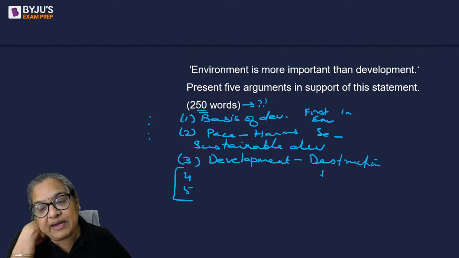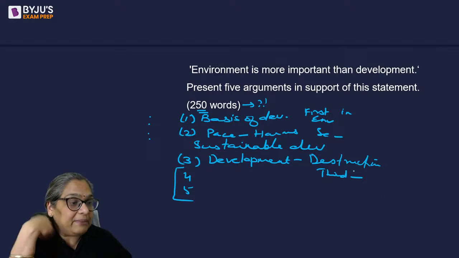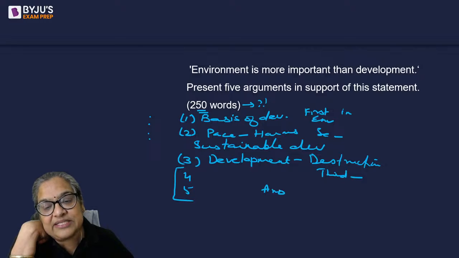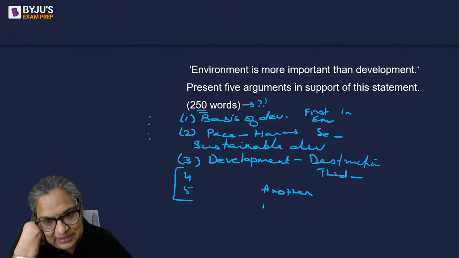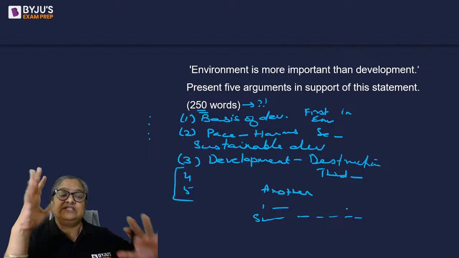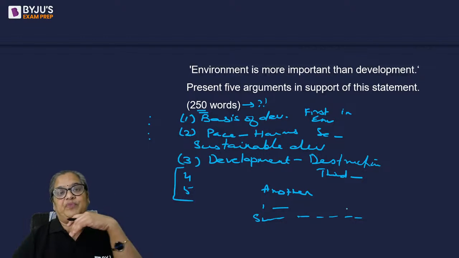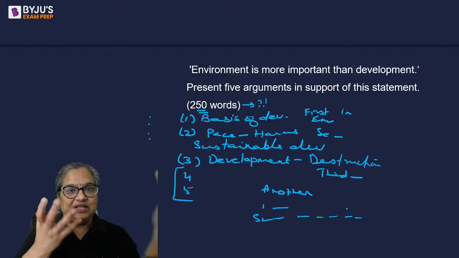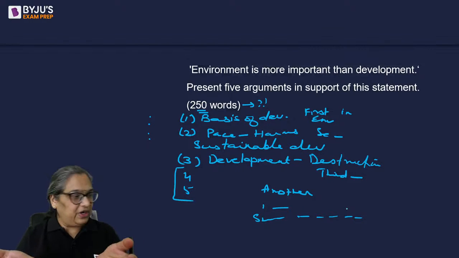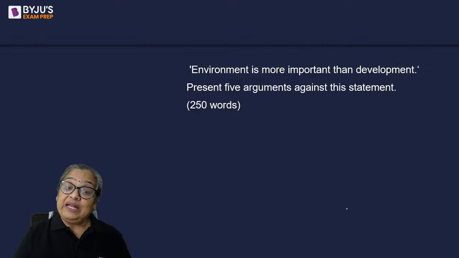Secondly, third paragraph, third reason for the environment being superior to development is. Another reason becomes your fourth reason, right? Another, fifth reason, summing up, and then you put 1, 2, 3, 4, 5 reasons for supporting environment in the fight between which is more important, environment or development. Got it?